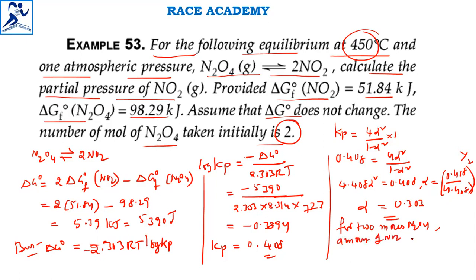The amount of NO2 is 2 times 2 alpha, which is 4 alpha. So that is 4 into the alpha value 0.303. You will get 1.212 mole. So 1.212 mole is the amount of NO2.